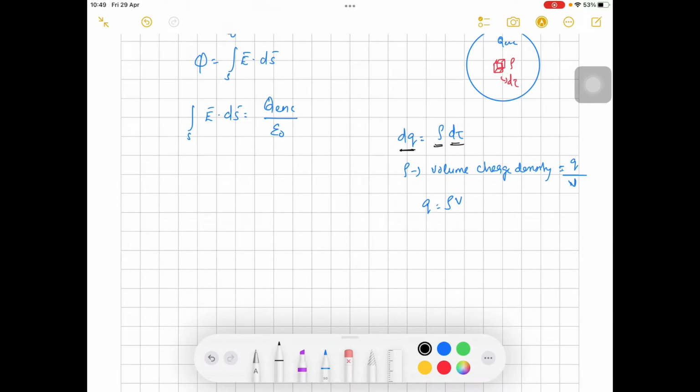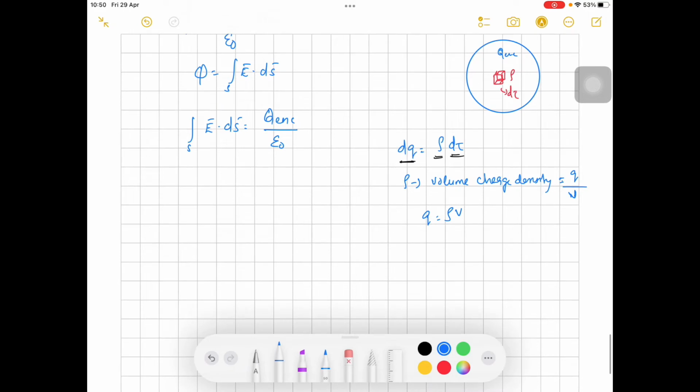Okay, now what is the total charge enclosed, or what is q enclosed? Total charge enclosed within that closed surface. This will be equal to integral dq over the volume v. So you can write integral over v, instead of dq put rho d tau.